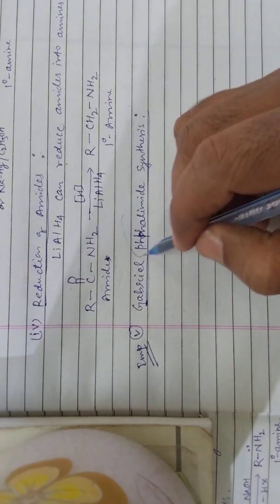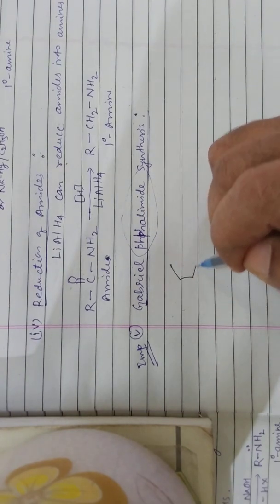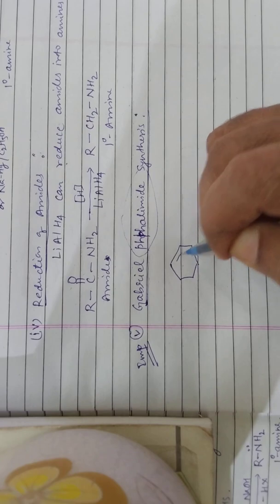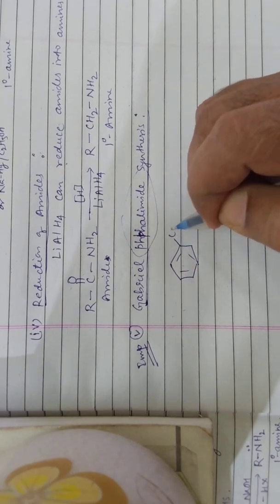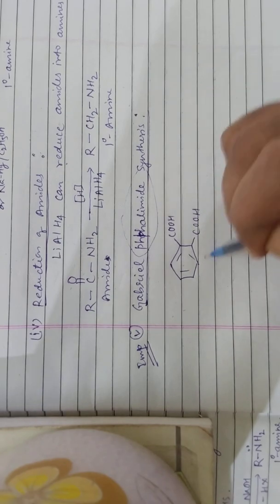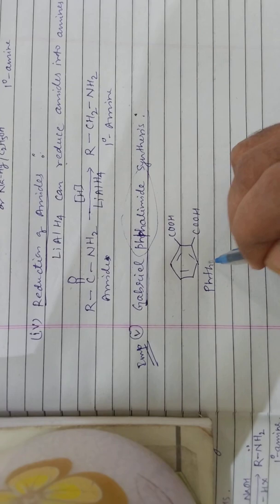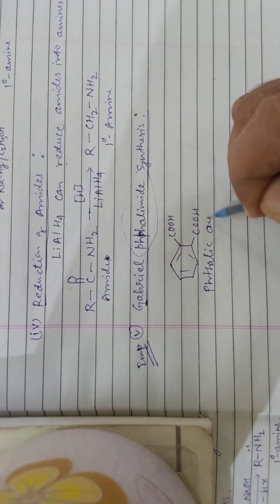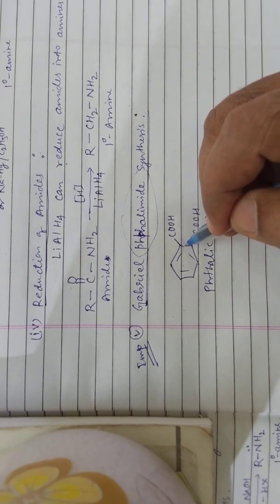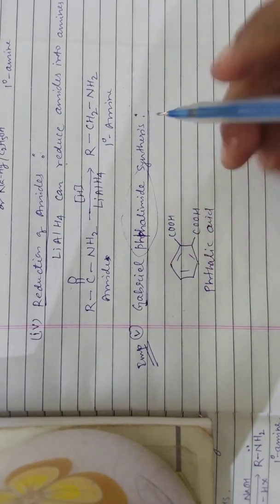Gabriel phthalimide synthesis. First you understand what is phthalimide. You know about phthalic acid, which you have learned in carboxylic acid. This is COOH. This is phthalic acid, the common name, or you may know the IUPAC name of this compound.